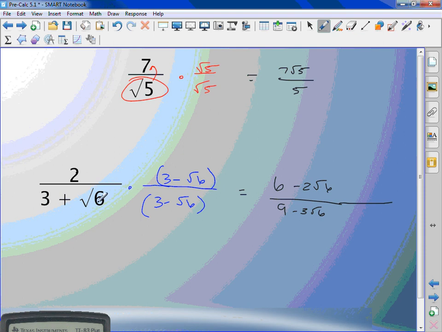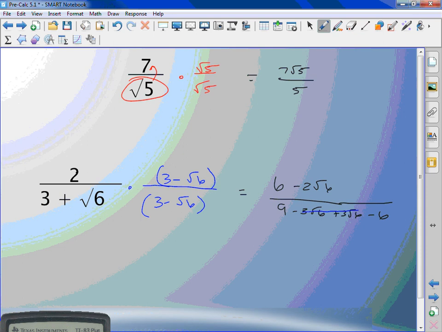Square root of 6 times 3 is 3 square root of 6. And square root of 6 times negative square root of 6 is negative 6. What happens? The radicals here cancel out.